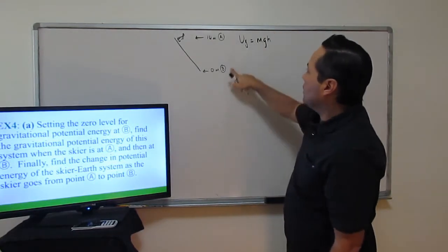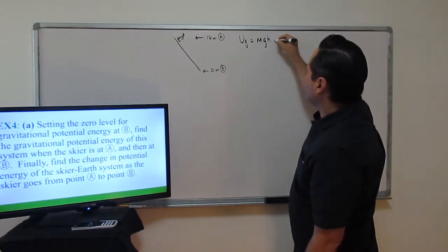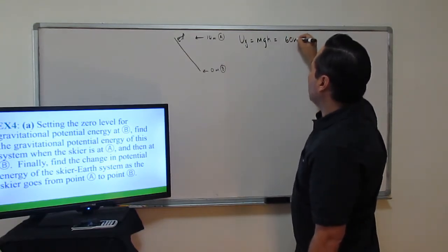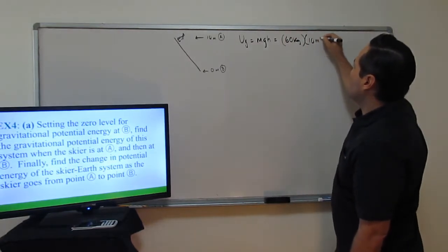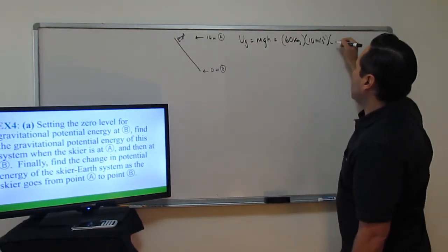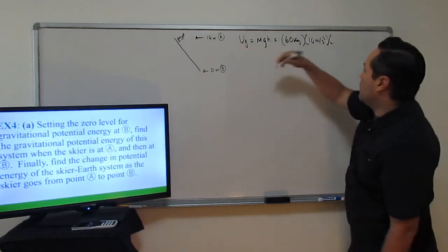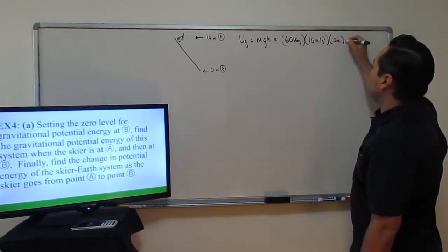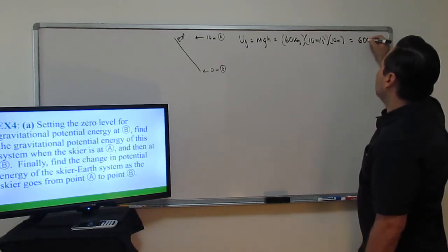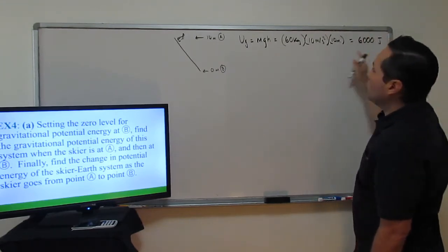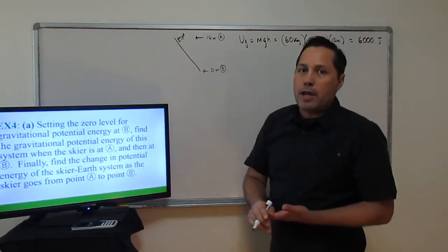And the height, so it's going to be 60 kilograms multiplied times 10 meters per second squared multiplied times the height. She is 10 meters above the ground. So you multiply all of these together and you get 6,000 joules worth of potential energy at point A.